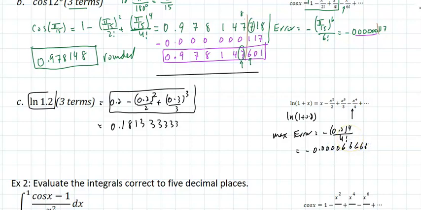Now, if I subtract, 0.4 decimals, 1, 2, 3, 4, 6, 6, 6, 6, 6, all the way. You do this in a calculator, that turns out to be 0.18131812.